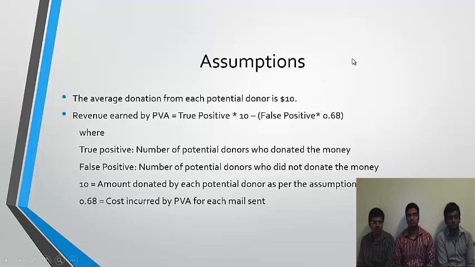We came up with a formula for calculating the revenue earned by TVA, which is equal to true positives times 10 minus false positives times 0.68, where true positives are the number of potential donors who donated the money, and false positives are the number of potential donors who did not donate the money. The 10, as explained earlier, is the assumption we have taken, the $10 donation by each donor. And 0.68 is the cost incurred by TVA to send the mail to donors.